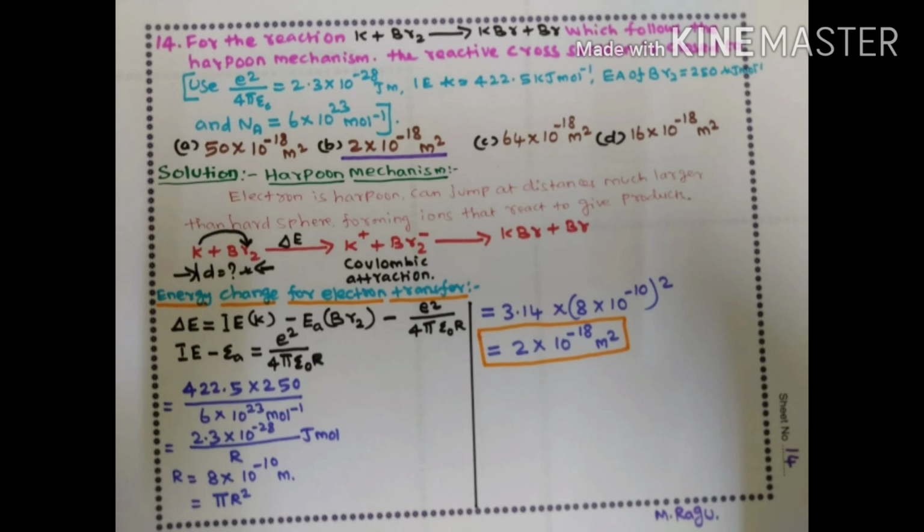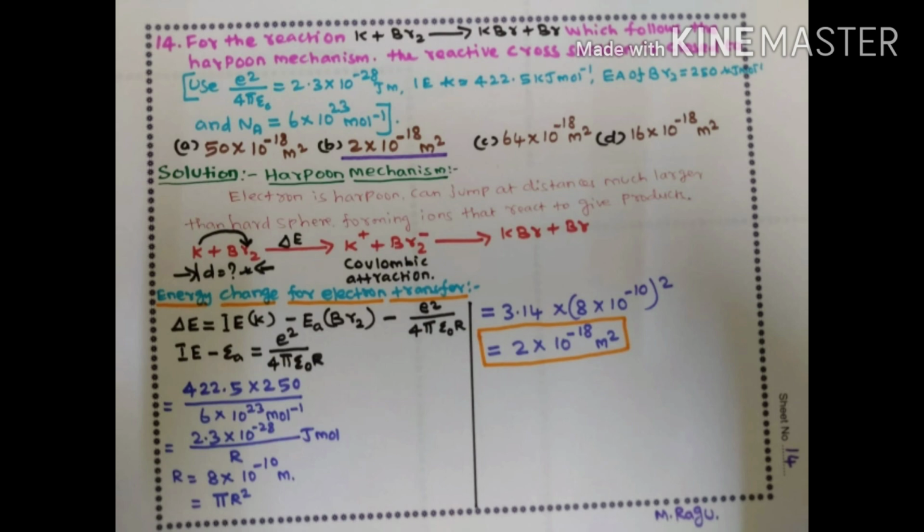This is the harpoon mechanism. The energy change for electron transfer, delta E, is equal to the ionization energy of K minus the electron affinity of Br2 minus e squared divided by 4 pi epsilon naught R. Ionization energy minus electron affinity is equal to e squared divided by 4 pi epsilon naught R.